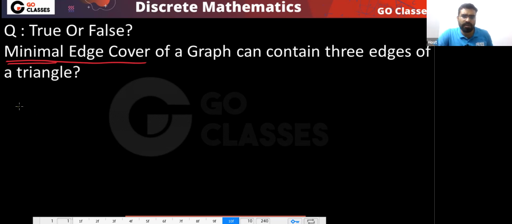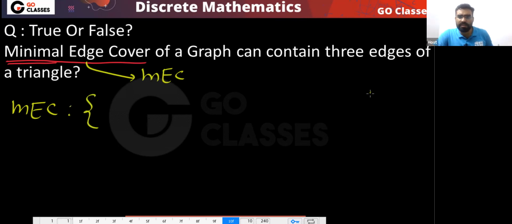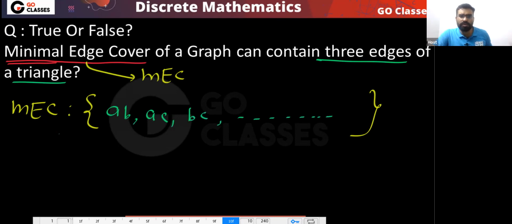Is it possible for it to contain all the 3 edges of a triangle, like AB, AC, BC?